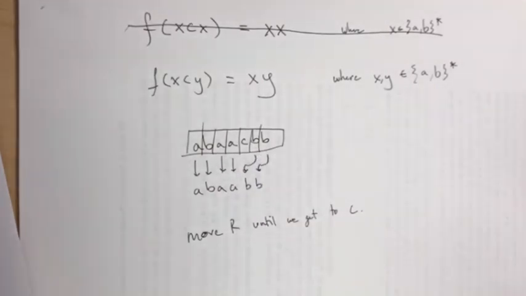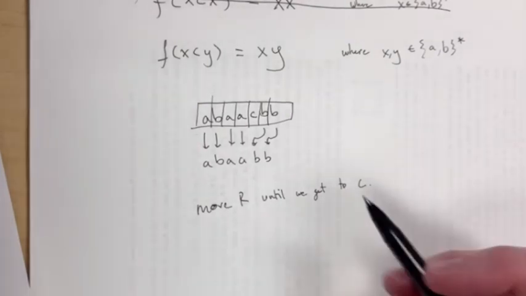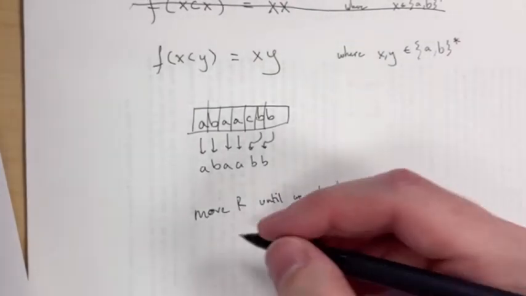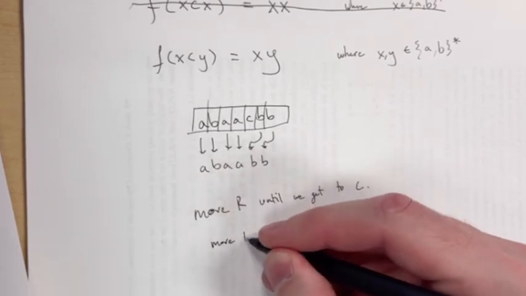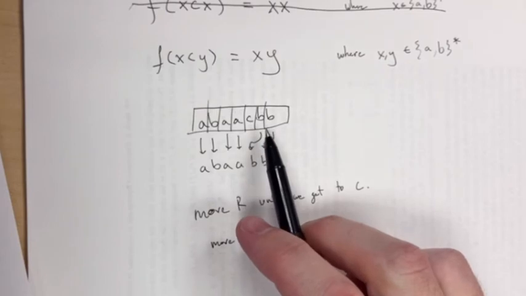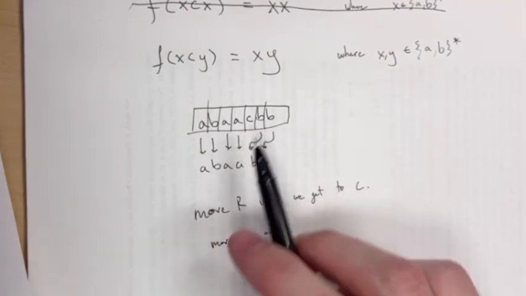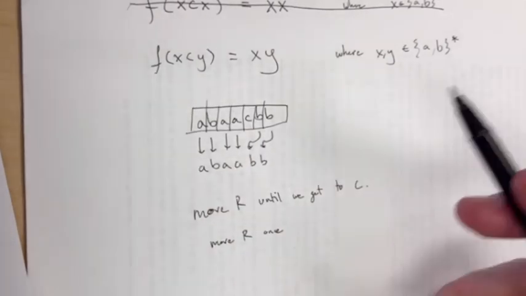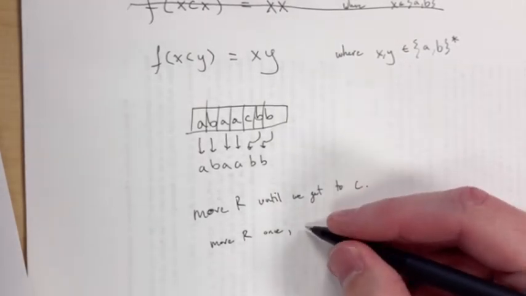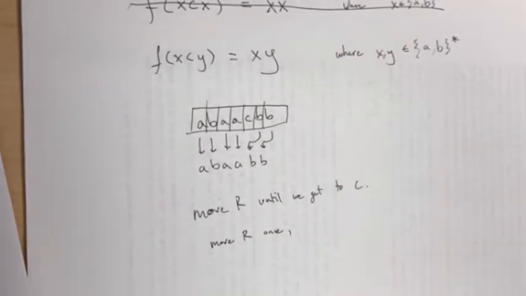Okay, so I'm going to try and write, in a few words, what to do here. You move to the right until you get to C. Then you move to the right once, because you have to point to the next letter, first of all. So you move to the right once, no matter what you were looking at already. And then you read that letter.